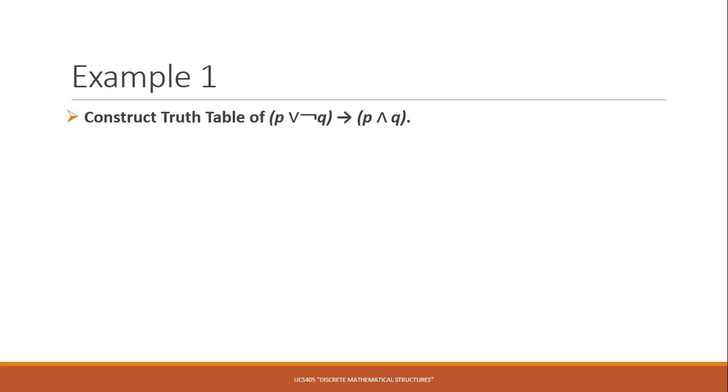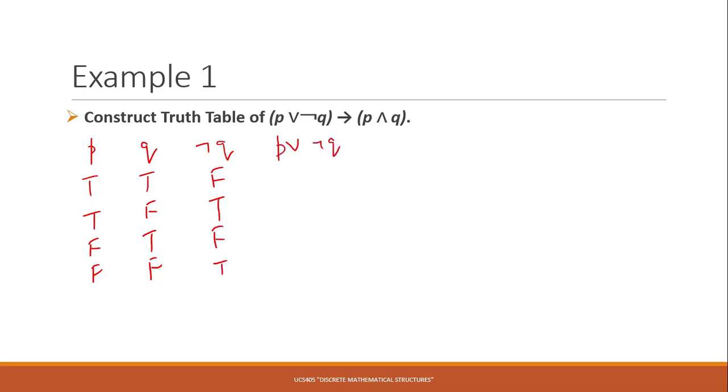In this example, we have to construct the truth table for this statement which is given to you. There are two variables p and q, so four possible combinations will be there. We will write all four combinations. After that, negation q, which will be false, true, false, true. Then p or negation q, which will be true, true, false, true.